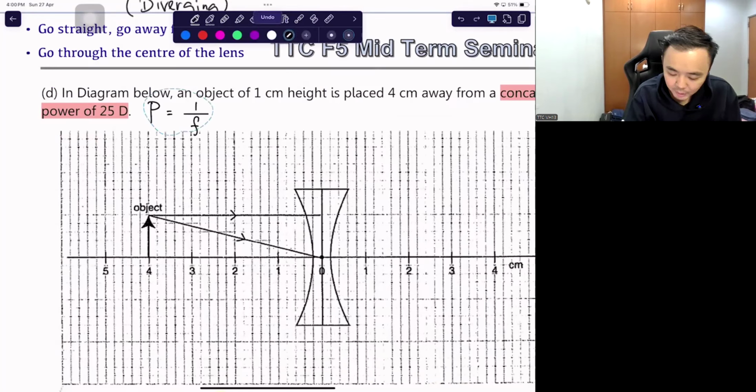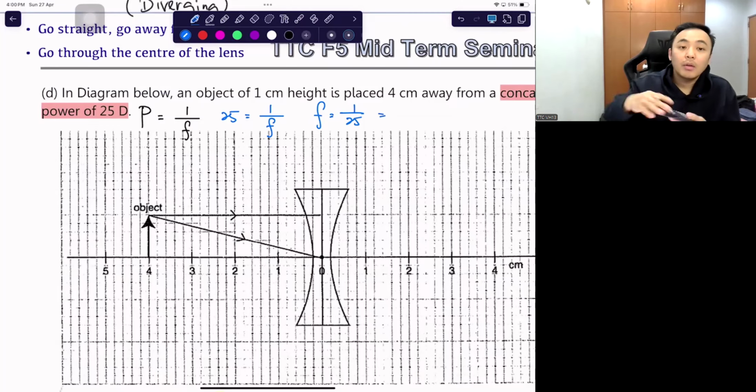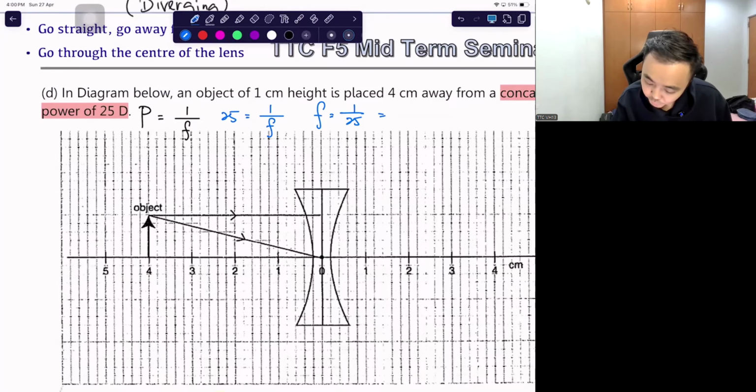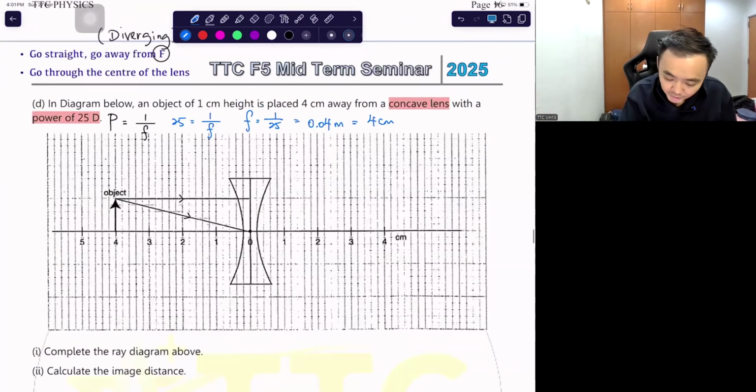The power is 25, equals 1 over F. So if you bring it over, F becomes 1 over 25. How much do we get? 1 divided by 25, we get 0.04. Of course, this one is in SI units, so 0.04 means 4 cm. That means the focal point is exactly here.